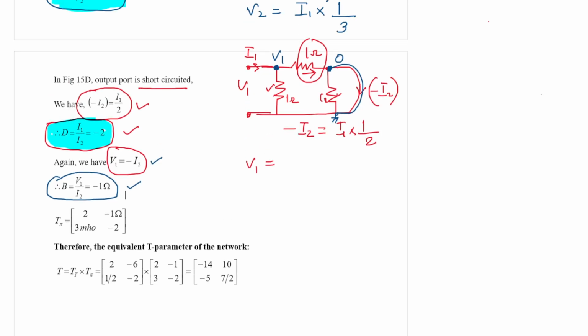So now we have solved the ABCD parameters of the pi network as well. So this is the T parameter of the pi network.